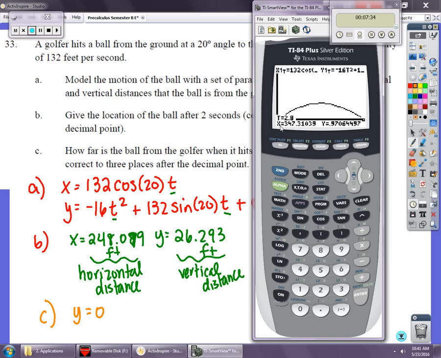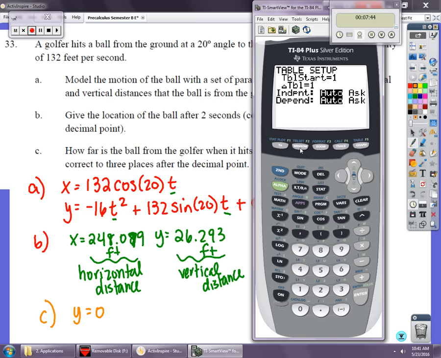So I'm going to get a little slick here, because this says I have to be 3 places to the decimal point. So I'm going to hit second and window, and I'm going to have my table start counting at 2.8 seconds. And what I want my table to count by is 0.01, because then that'll give me my time to the nearest hundredth.